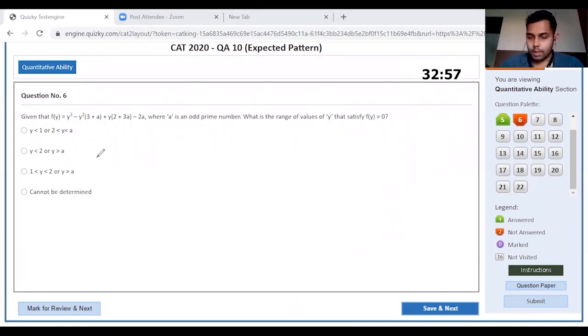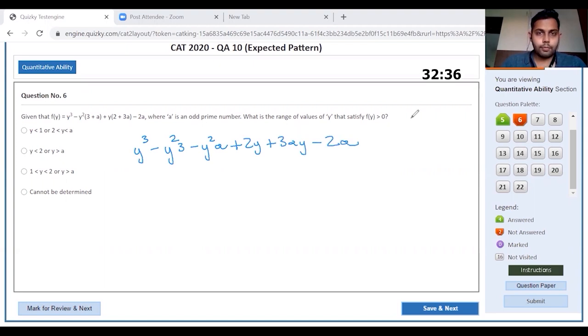Range question. These take a little time to solve, but okay, let's expand this. Y cube minus y square 3 minus y square a plus 2y plus 3ay minus 2a. Okay. And we want this to be greater than 0.